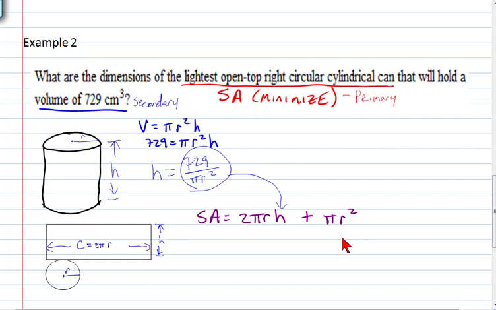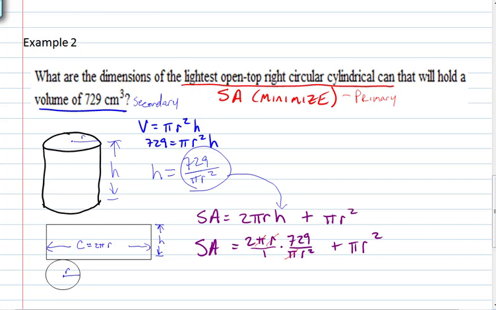You too. I'm sorry. So we end up with an equation now in terms of only one variable. The surface area is 2 pi r, I'm going to put that over 1, times 729 over pi r squared plus pi r squared. Things are going to cancel nicely now, right? Pi's are gone.